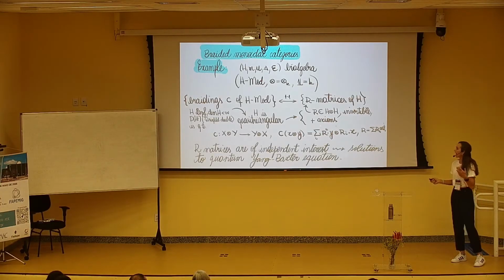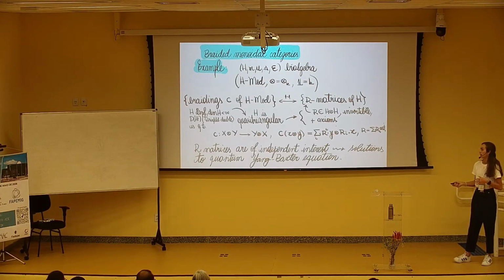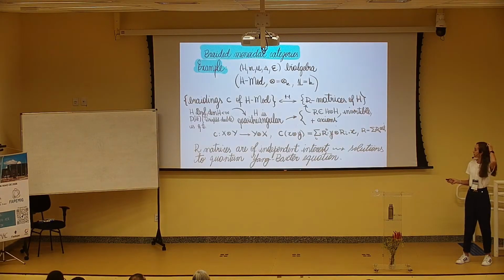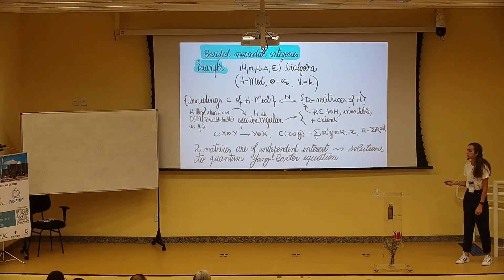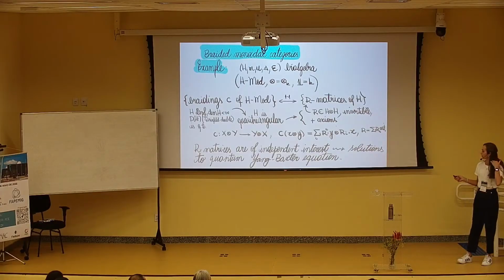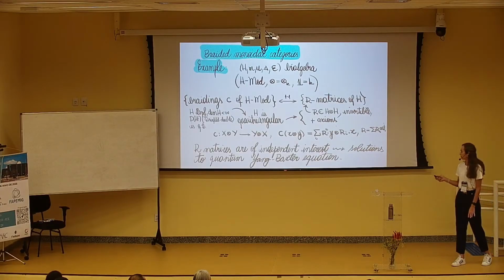And R-matrices are of independent interest because they give you solutions to the quantum Yang-Baxter equation. A lot of people in Brussels are very interested in the Yang-Baxter equation, not just coming from Hopf algebras, but in general. This is something that people care about.